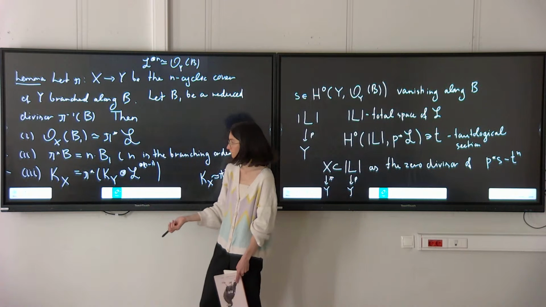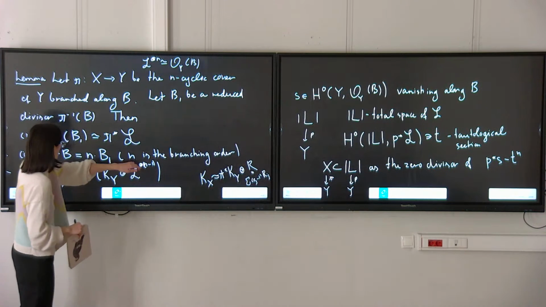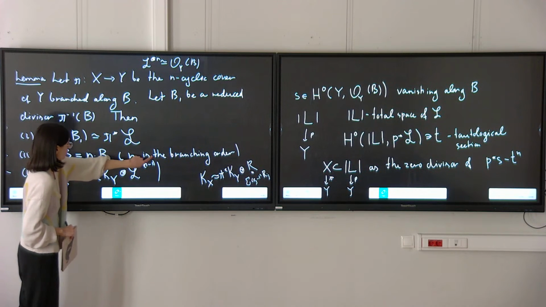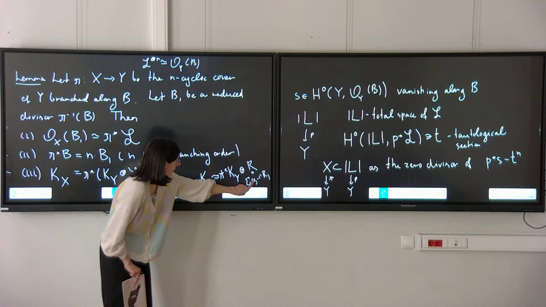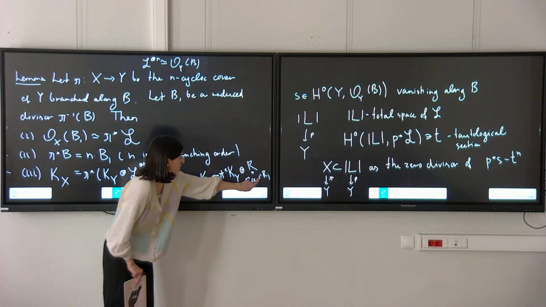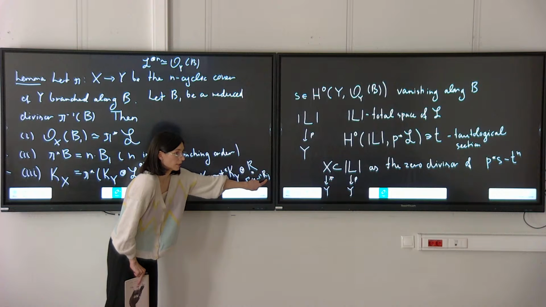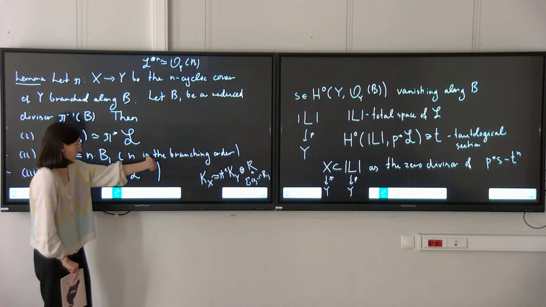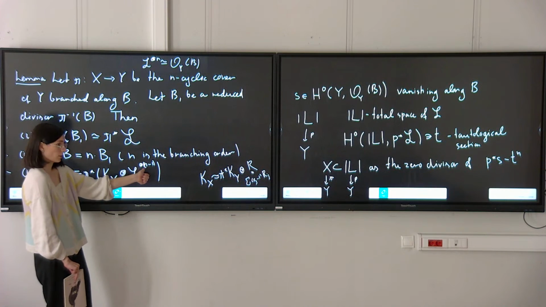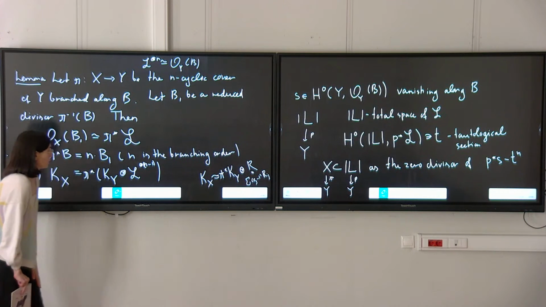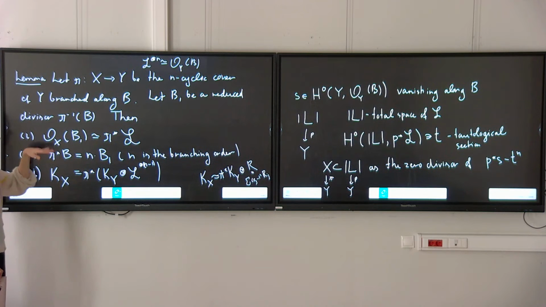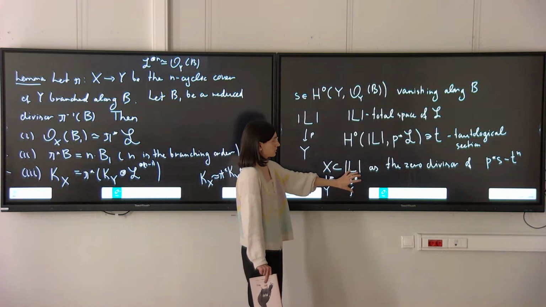Why do we have n minus 1 but not n? Because if n is the branching order, we have proved that the ramification divisor is a sum of the branching orders minus 1 times R_G, like in the Hurwitz formula. So here we should have n minus 1. And in fact, I can leave it as an exercise. It's not so difficult from this geometric description.